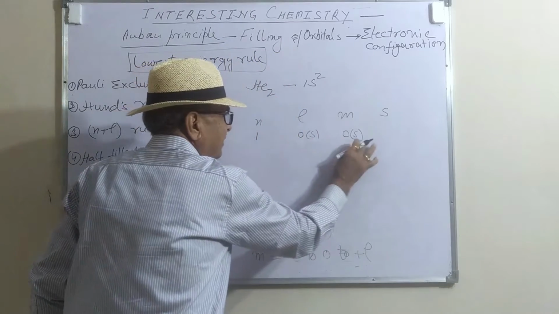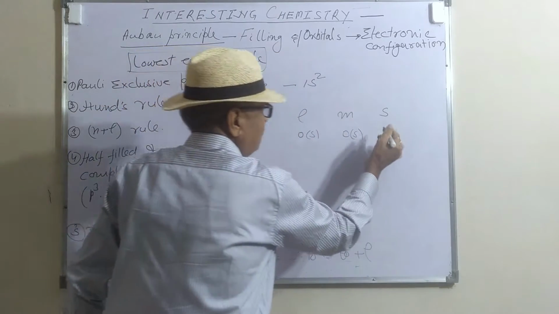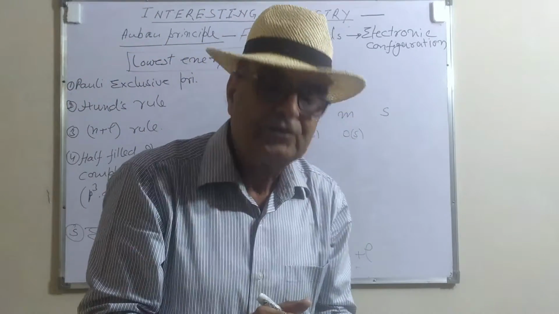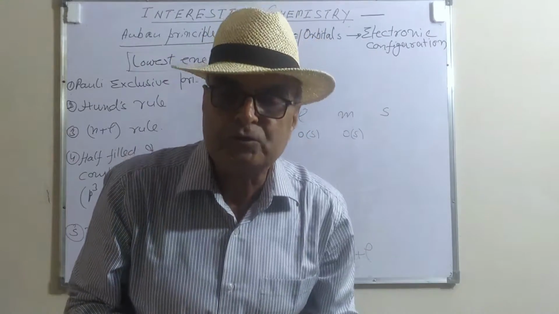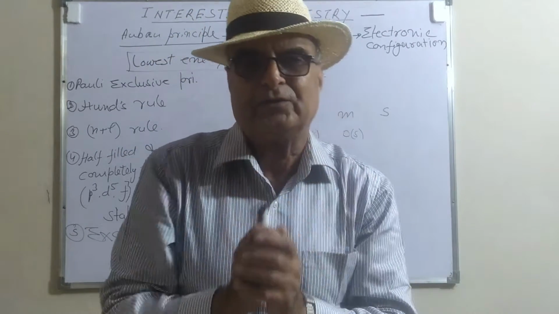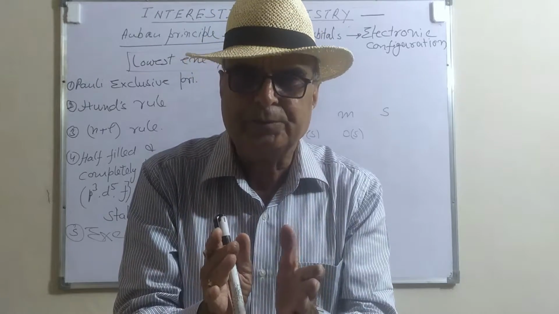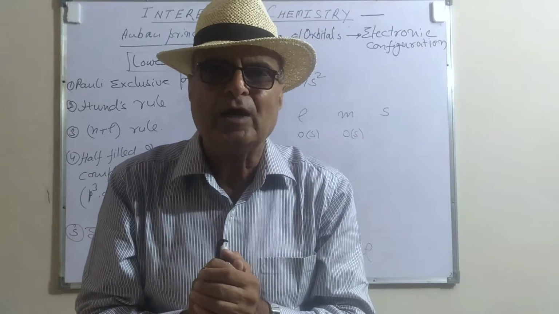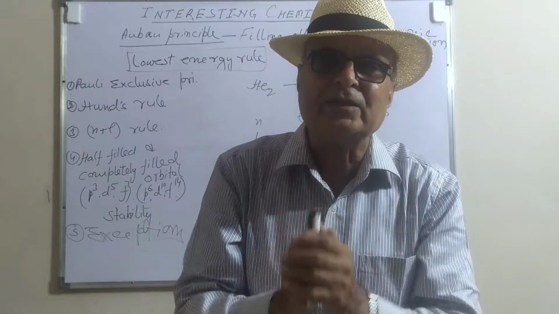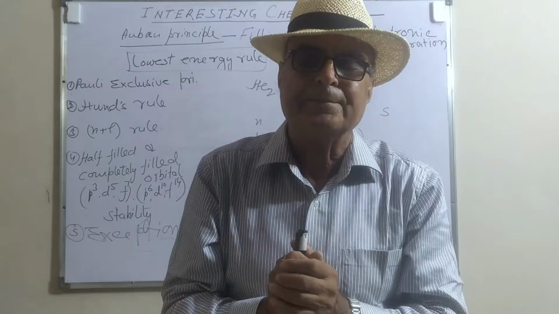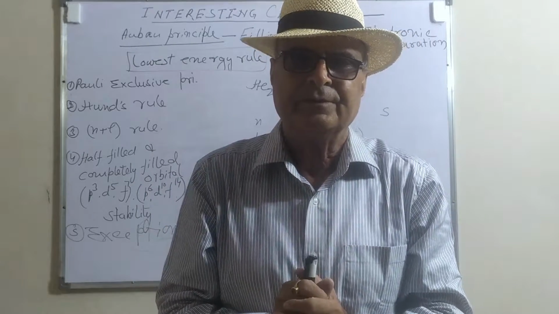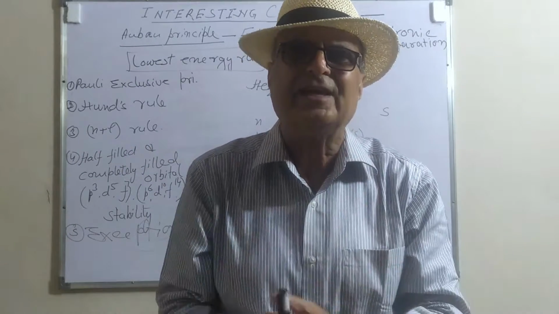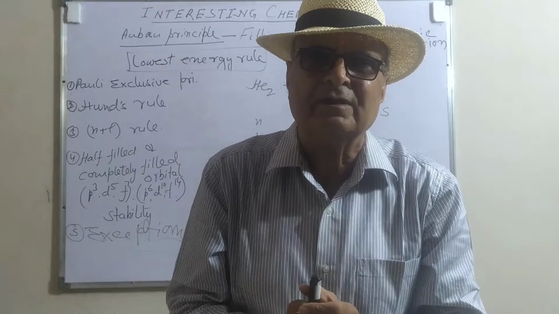Now in this orbital the electrons will come. In the fourth quantum number, the spin quantum number, there are two electrons. One orbital can acquire two electrons. Have you ever thought that both the electrons are negatively charged? They will repel each other. Then how can they exist in the same orbital?